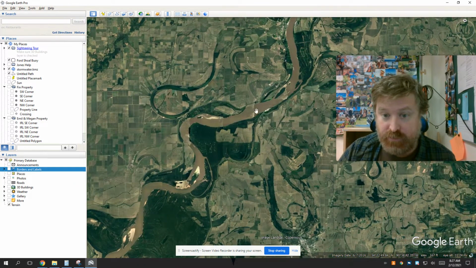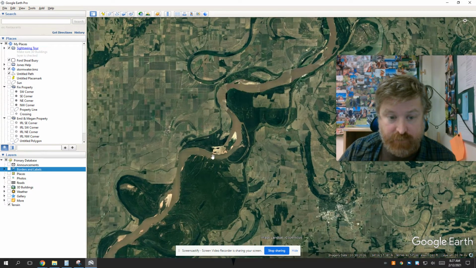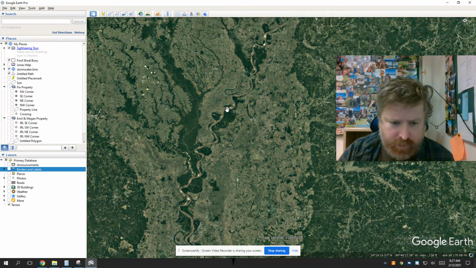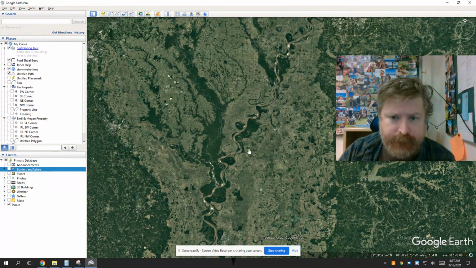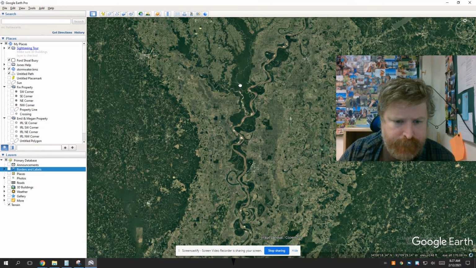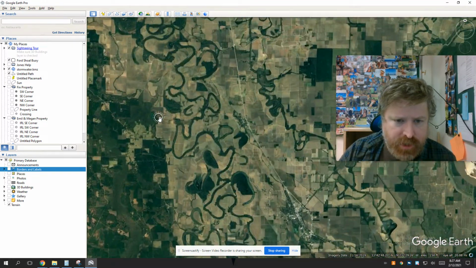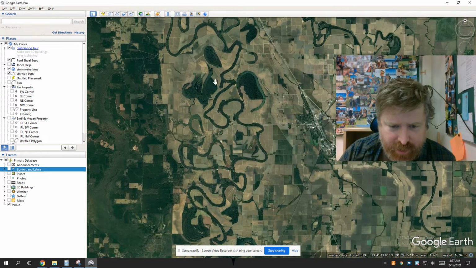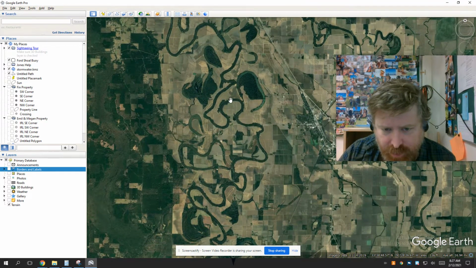So it starts as a reasonably straight stretch, then turns into a larger curve right there. I saw a couple of pretty big ones. You can get them eventually where they almost cut right through, like on this smaller river over here. Big meander right there, all the way around.